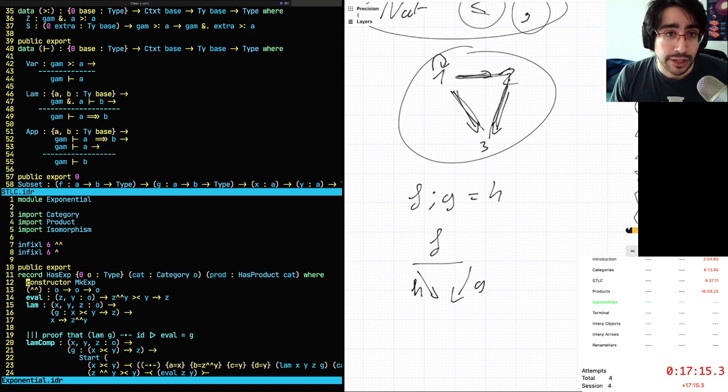So here the rule is if you have a pair of gamma and A, and that goes to a B, you can take out this A and bring it to the right side. You can travel from the left bit to the right bit. And this will become one instance of this way of pairing up things.